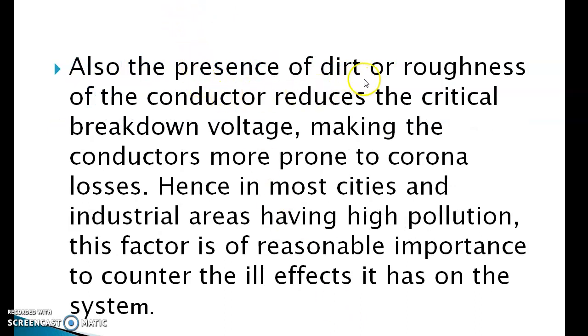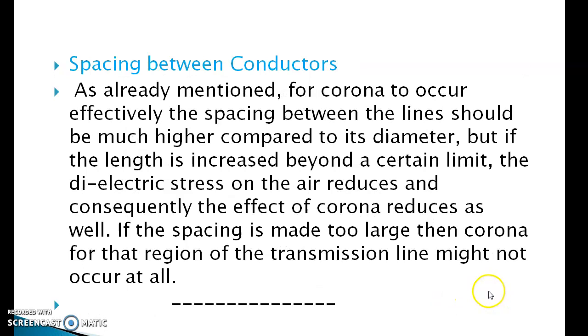Also, the presence of dirt and roughness of the conductor reduces the critical breakdown voltage, making the conductor more prone to corona losses. Hence, in most cities and industrial areas having high pollution, this factor is of reasonable importance to counter the ill effect it has on the system.